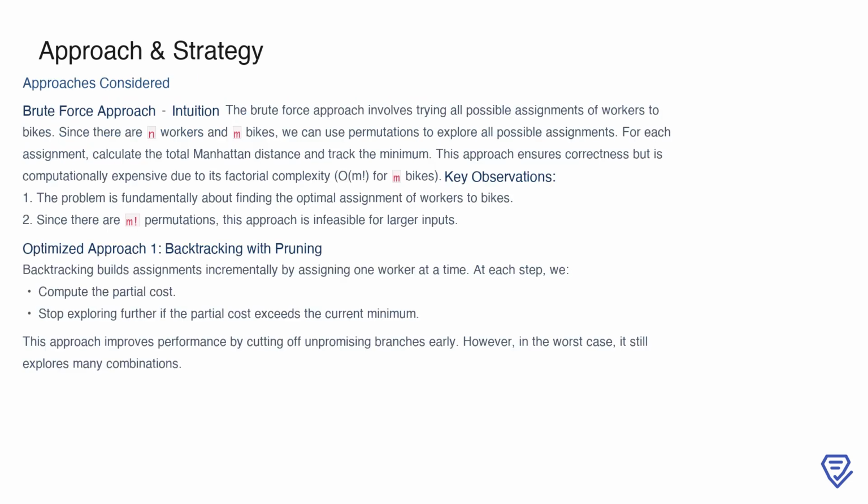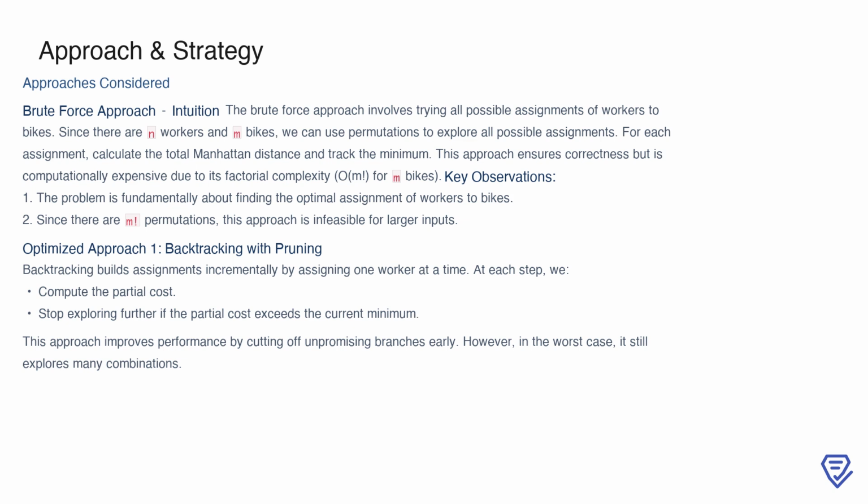Here we begin by examining different approaches to solving this problem. The brute force approach might seem intuitive at first. It involves trying every possible way to assign the workers to the bikes. Since there are n workers and m bikes, we can generate all possible permutations of these assignments. For each assignment, we compute the total Manhattan distance, and then we track the minimum distance across all permutations.